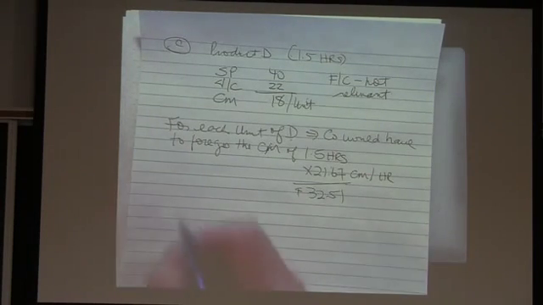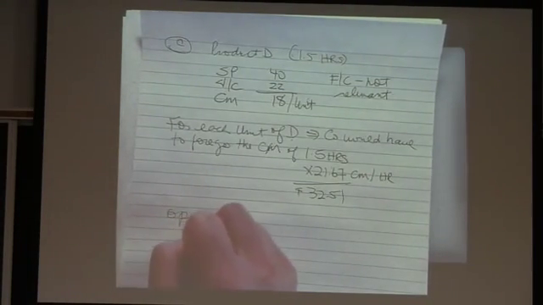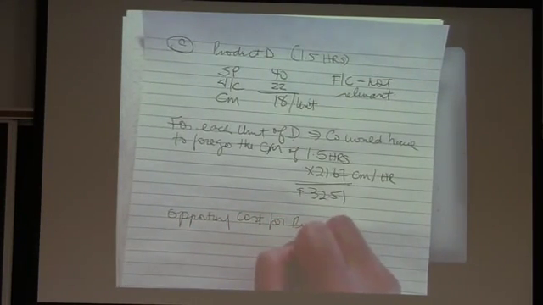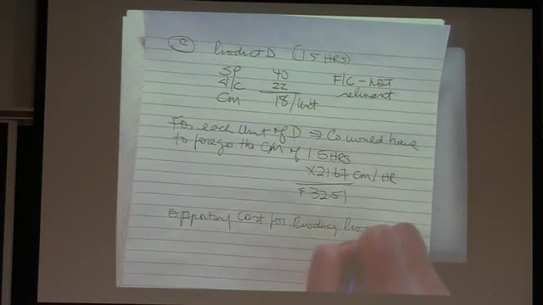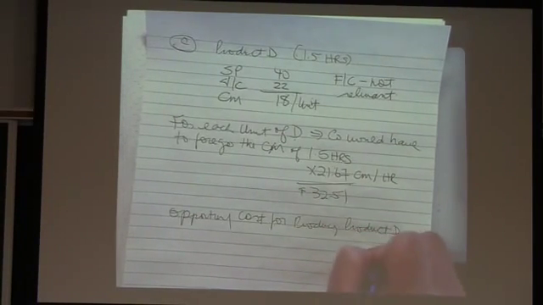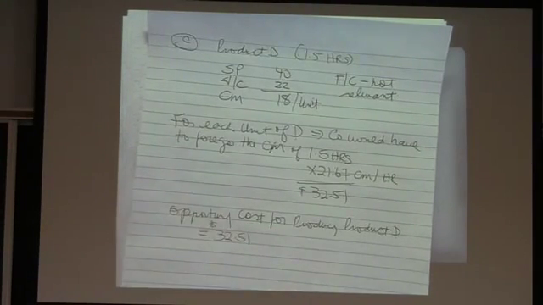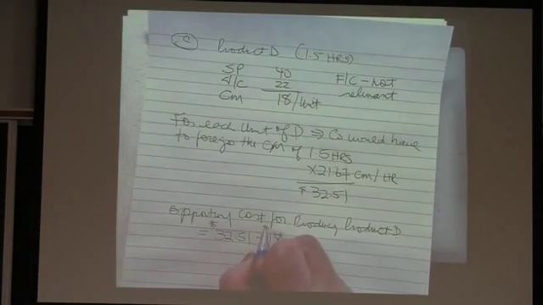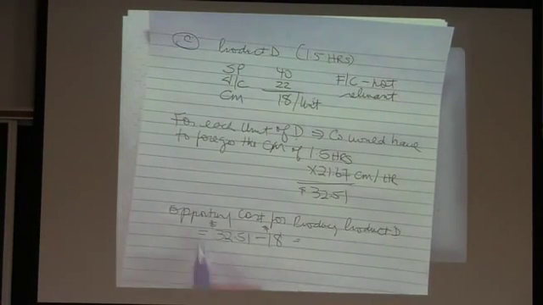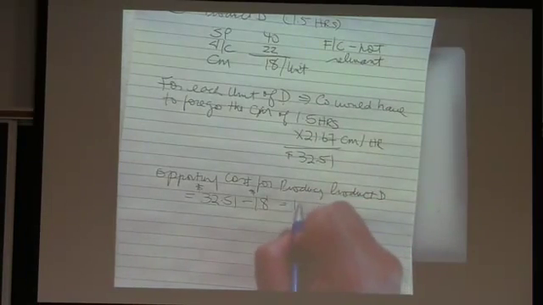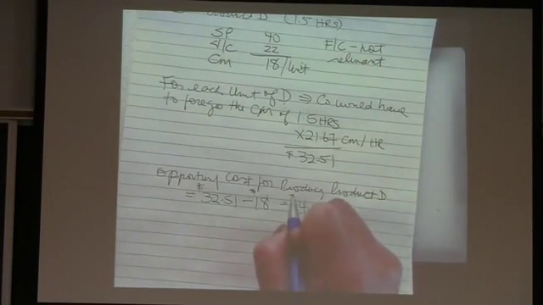Now, the opportunity cost for producing product D equals the 32.51 minus the 18. So this is how much money I would have made, less how much I'm going to make by accepting product D, which is 14.51 per unit.